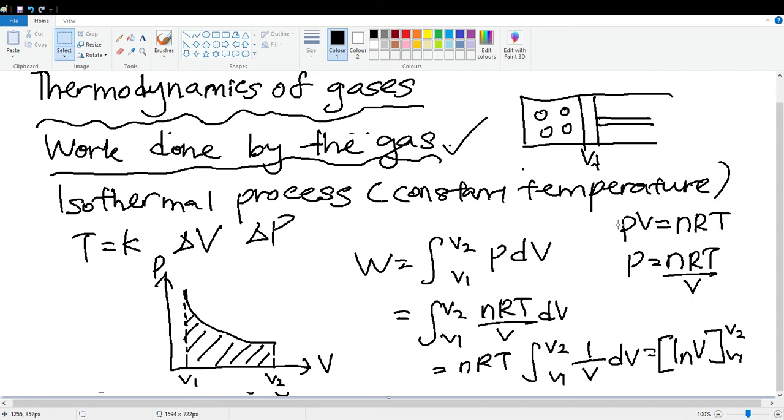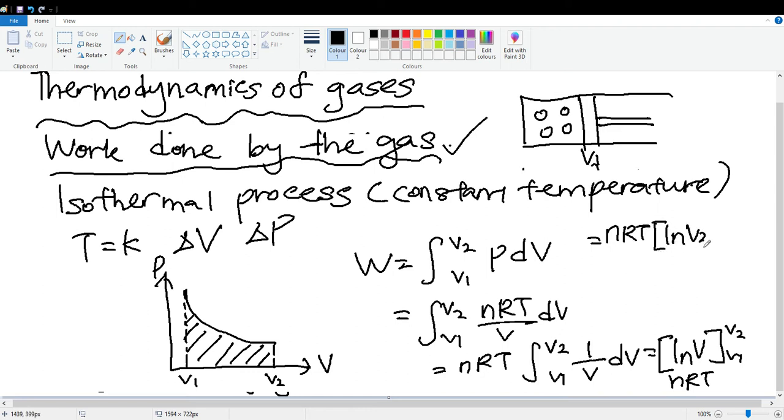Let me just continue it here. Okay, I missed something, which is the nRT. So what we have is nRT times ln V2 minus ln V1.